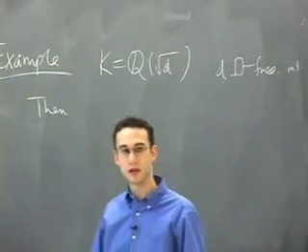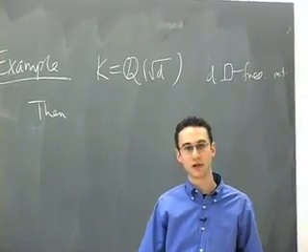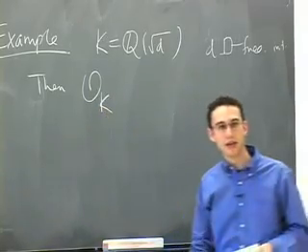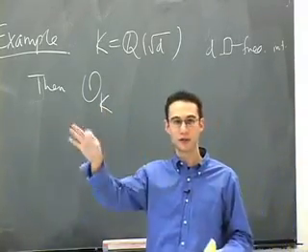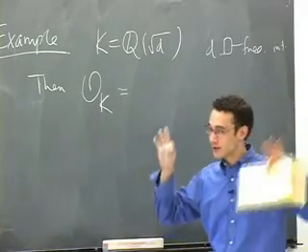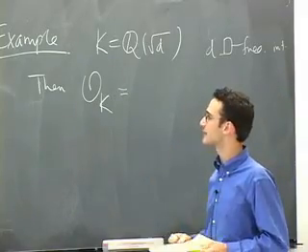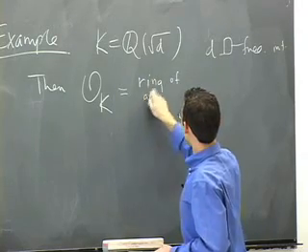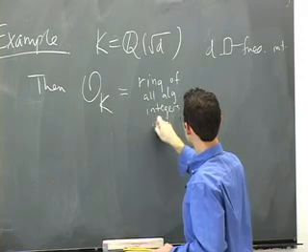In the book, the letter R is used for the ring of integers in a quadratic field. In general, the notation is O_K. The reason for the O is that there's this terminology of order. I'm not going to explain this right now, but the idea is that O_K is something called the maximal order in K. But suffice it to say that that's a synonym for the ring of all algebraic integers in K.